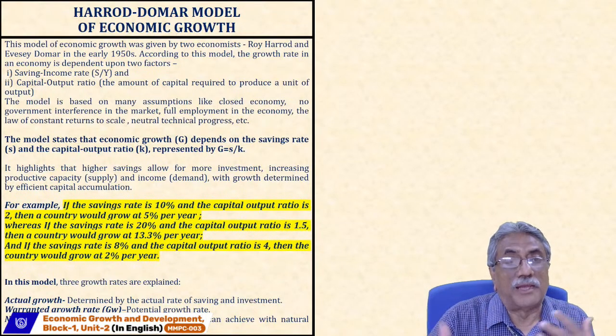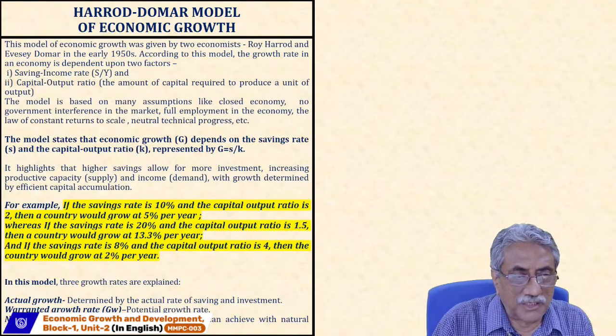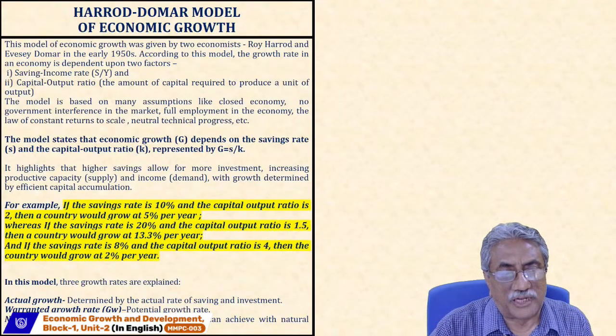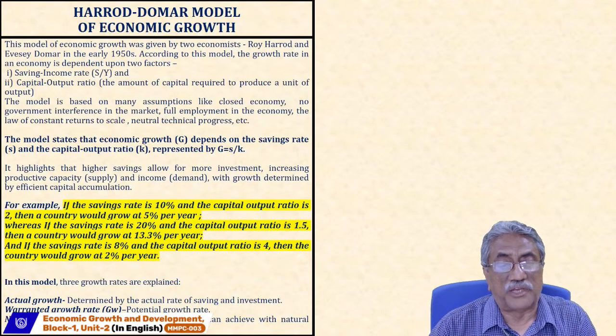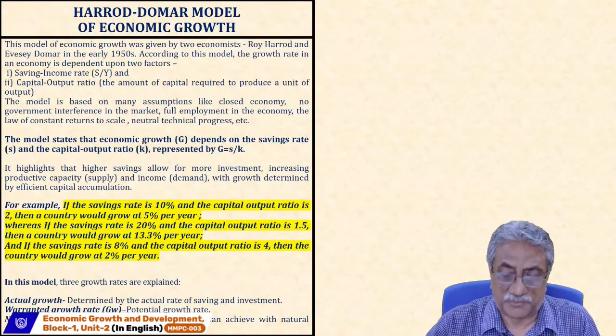Then the economy can grow faster. In this model, three growth rates are explained: actual growth, determined by the actual rate of savings and investment; warranted growth rate, the potential growth rate; and natural growth rate, the growth an economy can achieve with natural resources.